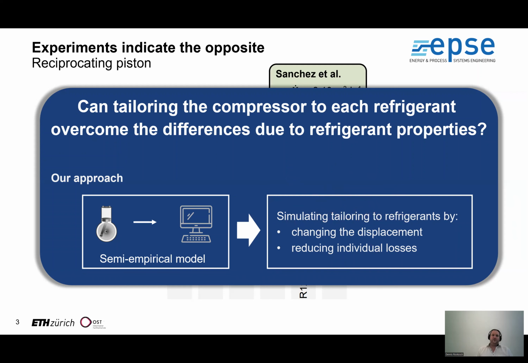And from practice, we concluded that two tailoring options seem to be realistic. The first is changing the geometry of the compressor or the displacement, and the second is to reduce individual losses. For example, if a certain refrigerant particularly suffers from friction losses, we could try to reduce friction losses.